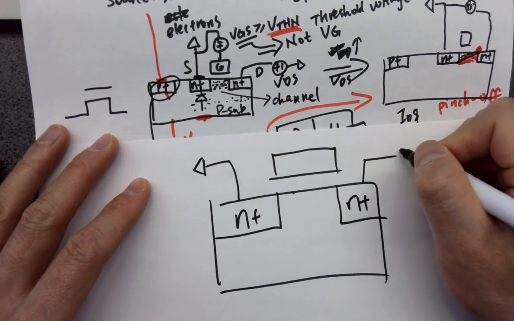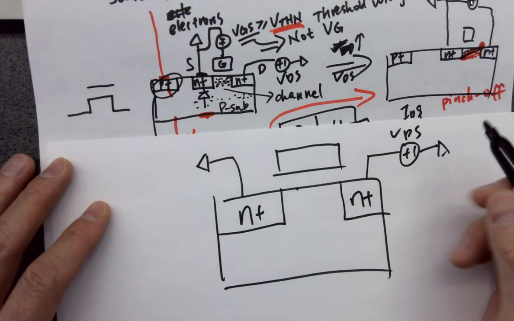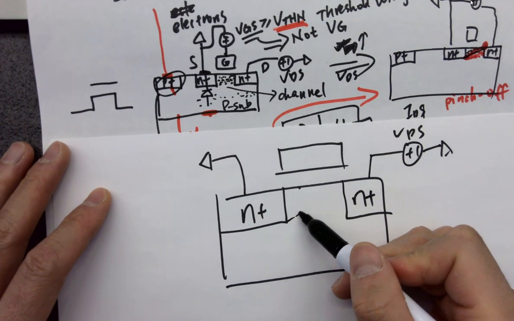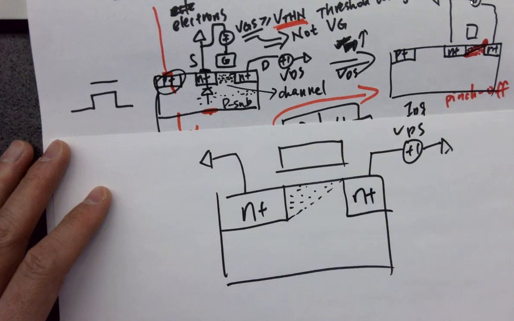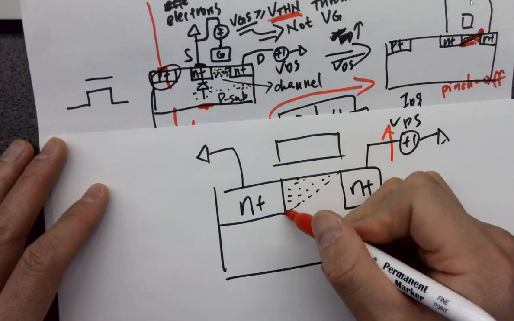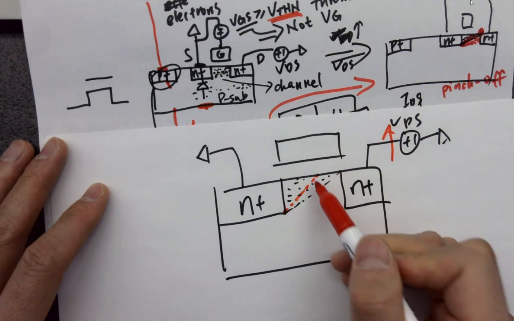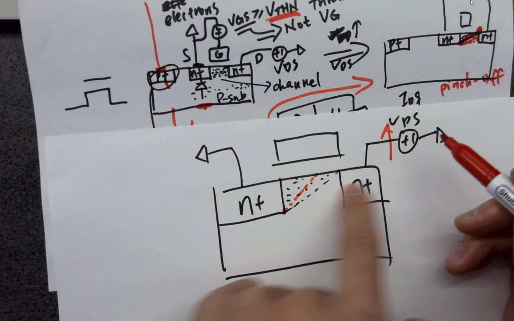Ground here. And VDS. So after here, this is the electron channel. It keeps going. If you keep increasing this guy, it moves through here. So there's no overlap anymore, but why does it still have current going through it?